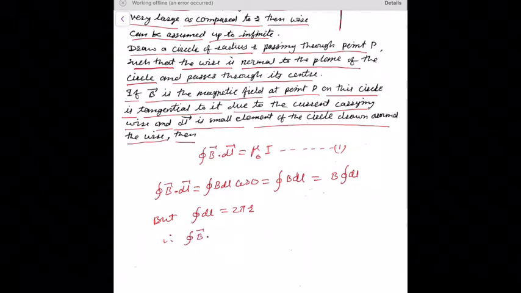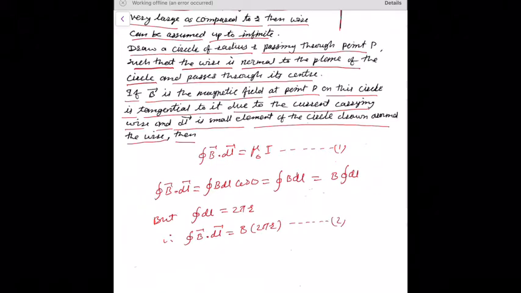Therefore the line integral of B dot dl vector is equal to B 2 pi r. It is equation 2.